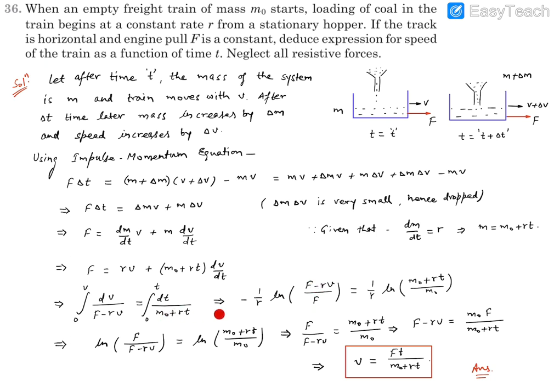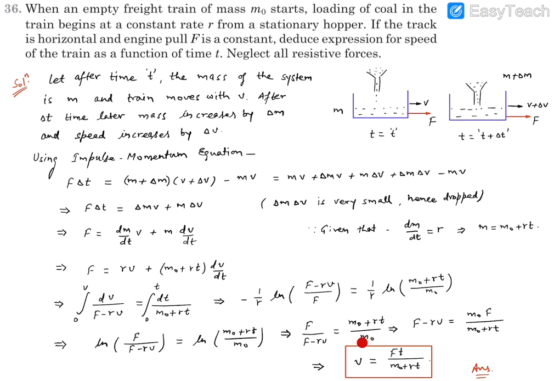Similarly, the right hand side will have 1 upon r ln(m0 plus rt), with limits running from 0 to t. You can check this calculation. r will get cancelled out, and this minus can be absorbed by inverting. So it will be ln of F divided by (F minus rv) is equal to ln of (m0 plus rt) divided by m0. The ln can be cancelled, or you can say these arguments have to be identical. That means F divided by (F minus rv) must be equal to (m0 plus rt) divided by m0.